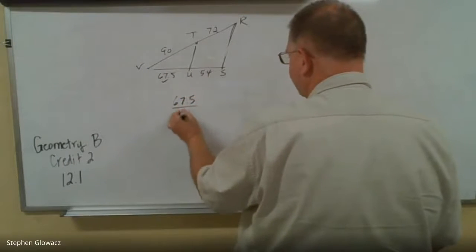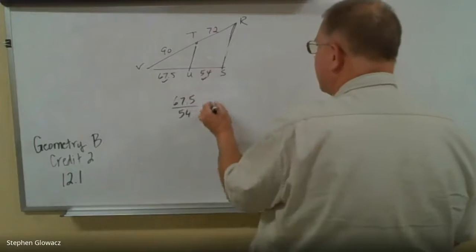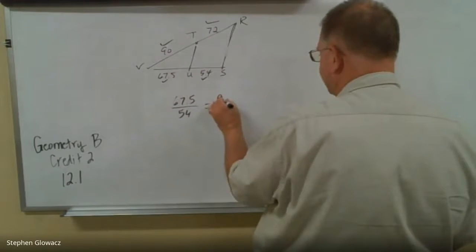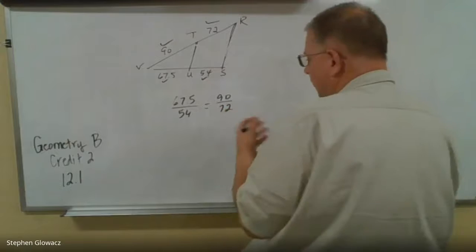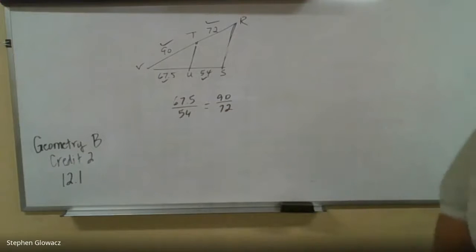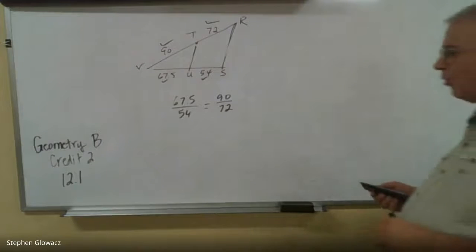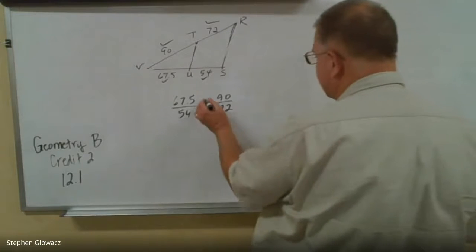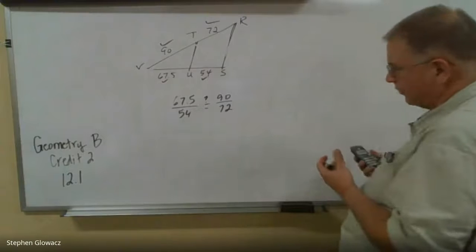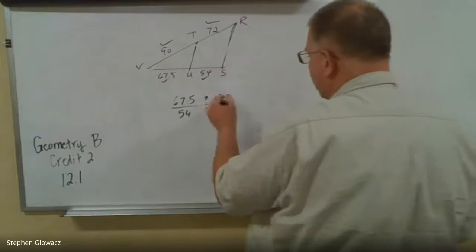67.5 over 54, and then 90 over 72. You say, well, again, what are we doing with that? There's no X here. Well, all we're going to do is simply cross multiply. And the way we know that this is a true statement, we'll put a question mark here because we haven't proven this yet, is if the cross products are equal.